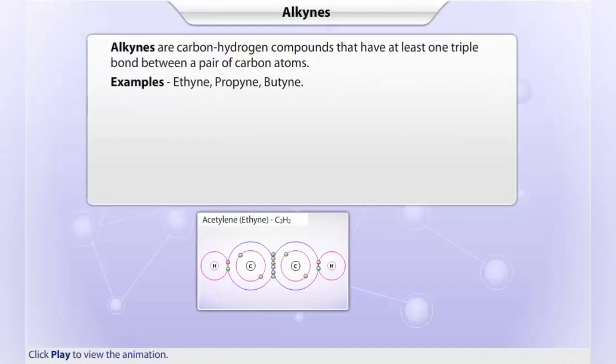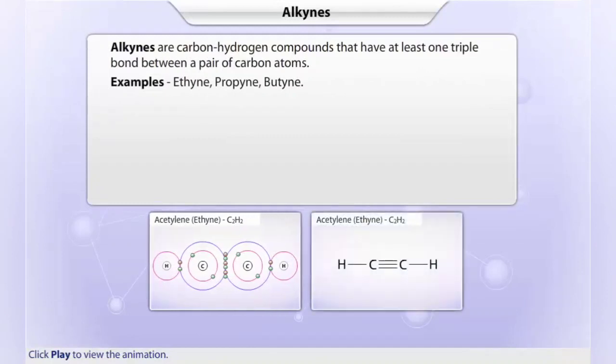All hydrocarbons having at least one triple bond between a pair of carbon atoms belong to a family of compounds known as alkynes. Ethyne, propyne, butyne, etc. are examples of some alkynes.